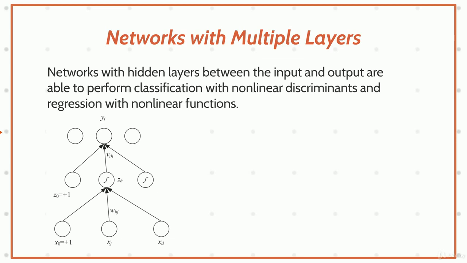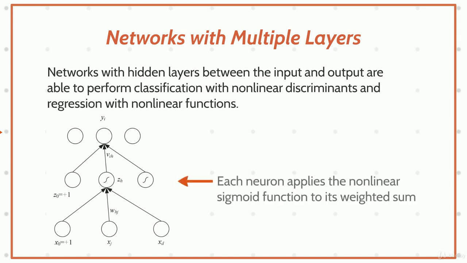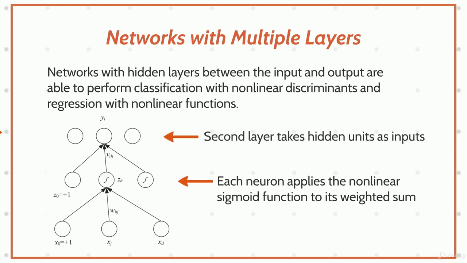In regression, there is no nonlinearity in the output layer when calculating Y. Classification would use a nonlinear threshold function, such as the sigmoid. Each neuron applies the nonlinear sigmoid function to its weighted sum, and it does that in the first layer. In the second layer, we are just going to take the hidden units as inputs and train these in the same way that we would if we only had one layer or a single perceptron.